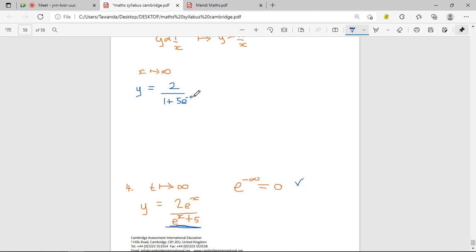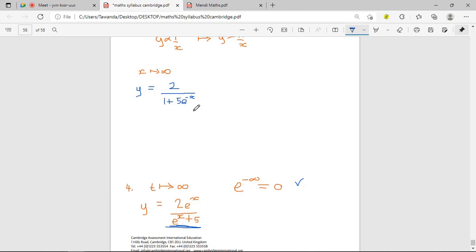Are we together on this one? Yes. If you divide this one by e to the power of x, you get this, right? Yes. If you divide this one by e to the power of x, you get 1, right? Yes. Then if you divide 5 by e to the power of x, you get this, right? Yes.